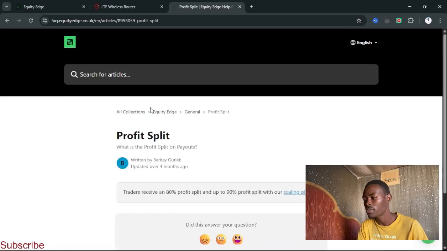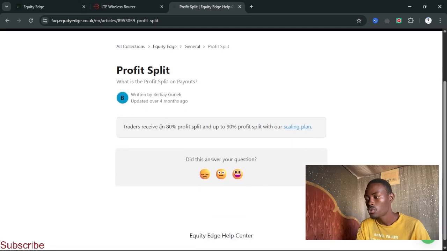Profit split. Once you get a funded account and you make some profits, let me say you have a 10k account and you make a profit of $1,000, the 80% is yours, which is $800. There's a scale-up plan whereby once you pass the account and you are consistent, they can increase your profit share to a 90% split.